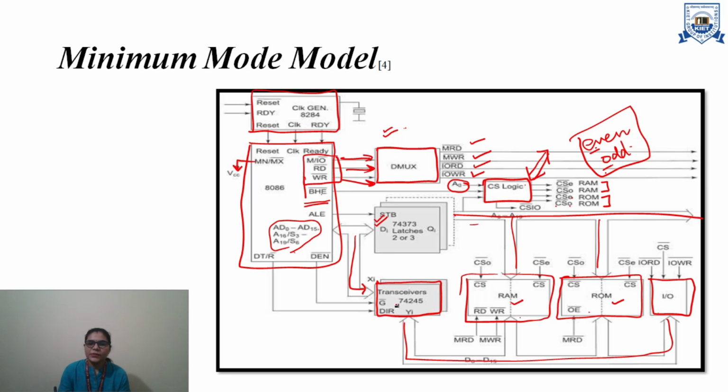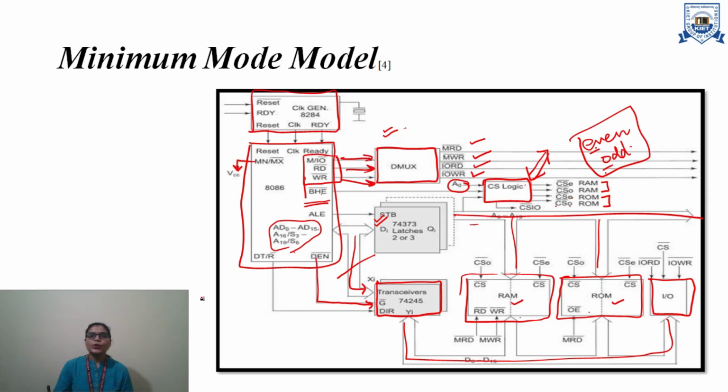This transceiver will be directed by two pins. One is data enable: data enable bar will define that the data on the data bus is valid, so it will enable the data buffers to accept the data from the data buses. And the DT/R bar pin will define the direction of the data, whether the processor is transmitting or receiving data on the data bus.